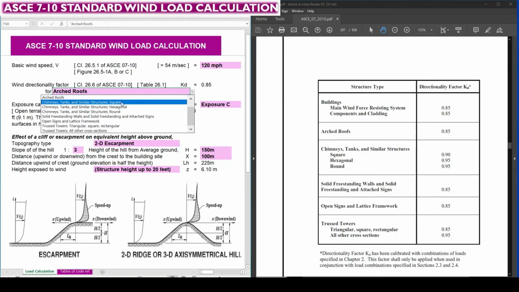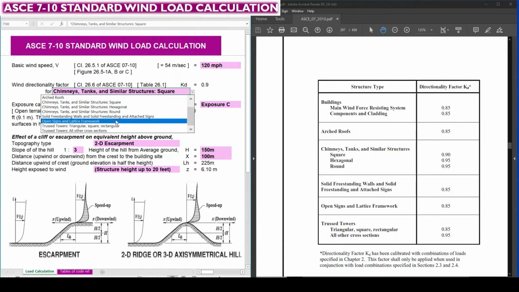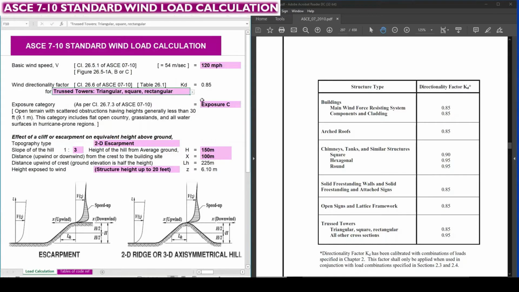For chimneys, tanks and similar structures, square, it is 0.9. So likewise we need to pick based upon our structure category. So now the directionality factor Kd is 0.85 for our trussed tower, triangle, square or rectangle.